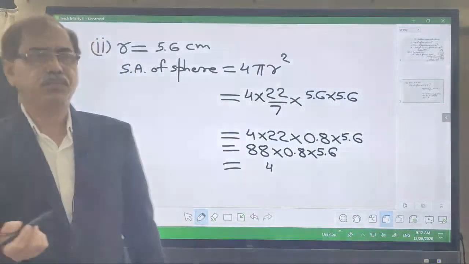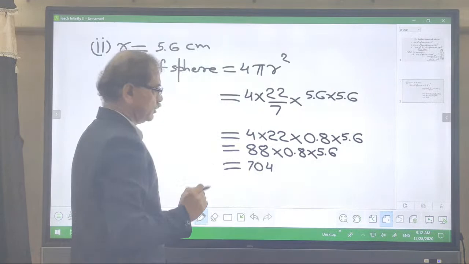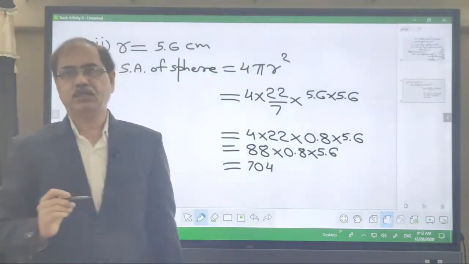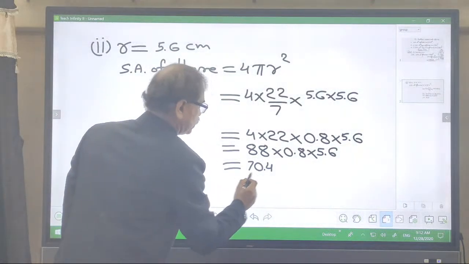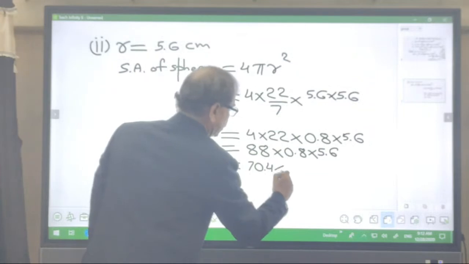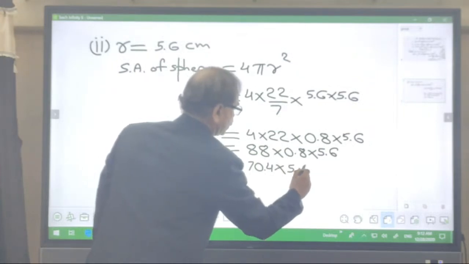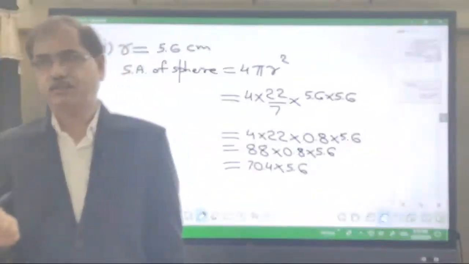Again 8 eights are 64. 64 plus 6 will give you 70. So multiplication of 88 and 0.8 will be 70.4 multiplied by 5.6. So these are the two numbers we would like to multiply.